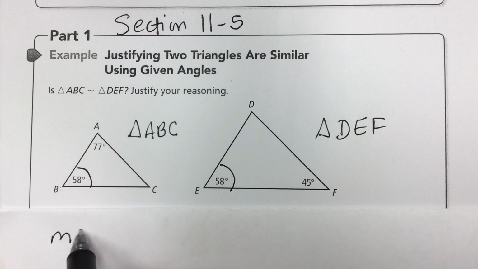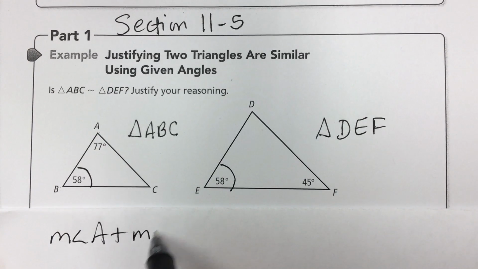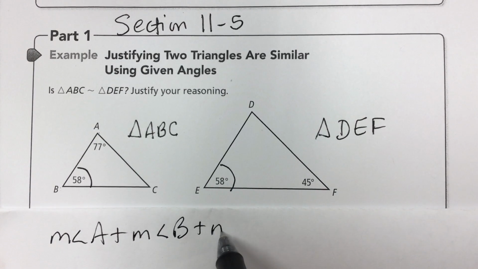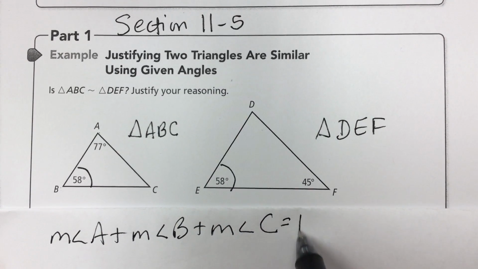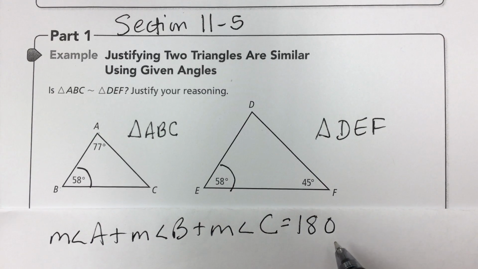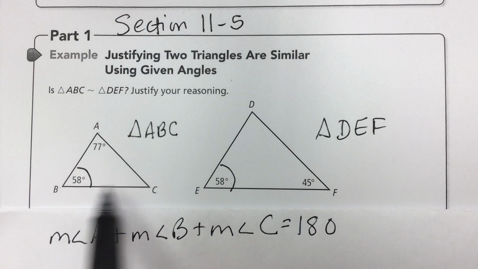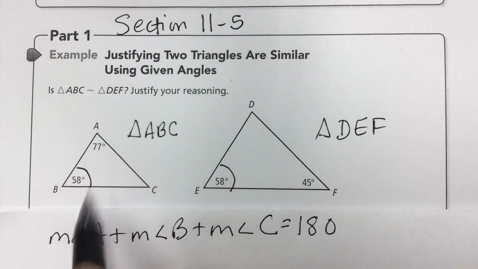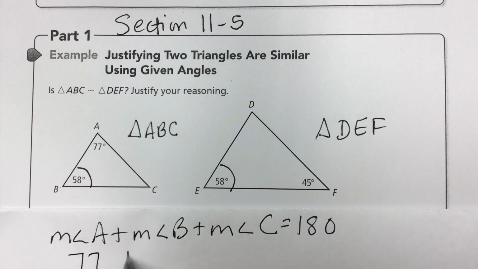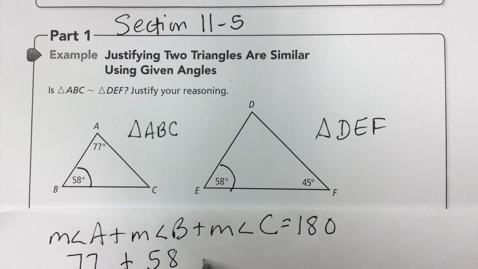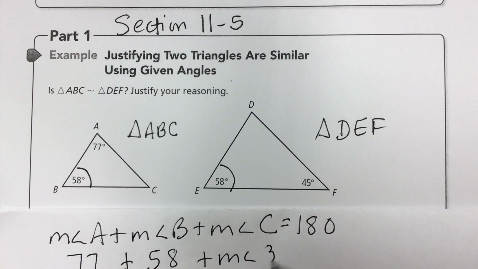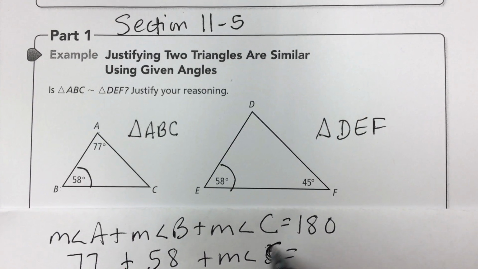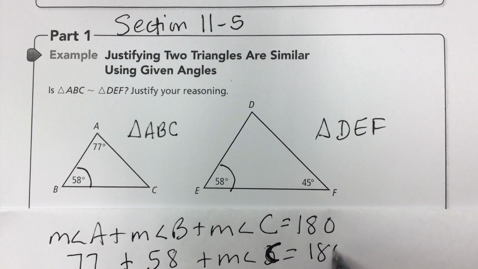So I know that the measure of angle A plus the measure of angle B plus the measure of angle C equals 180 degrees. I know that all three angles of any triangle add up to 180. So the measure of angle A is 77, the measure of angle B is 58, plus the measure of angle C equals 180.